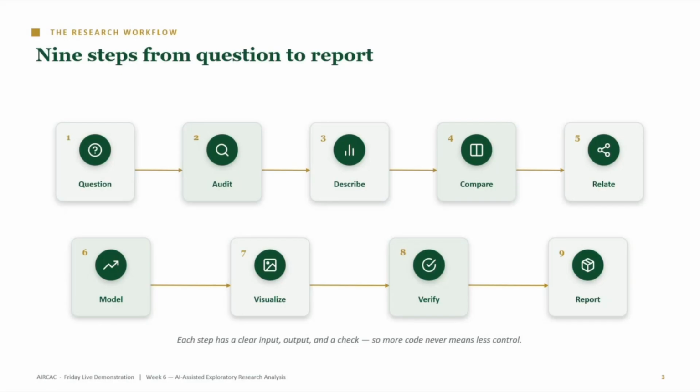Then we visualize the data, and visualization is not just boom, we have a good figure. No, it's not like that. The figure should help the author interpret what we want to say in the paper. Then we should verify by ourselves whether the visualization is consistent or not. Then we move to the report. This is very important.